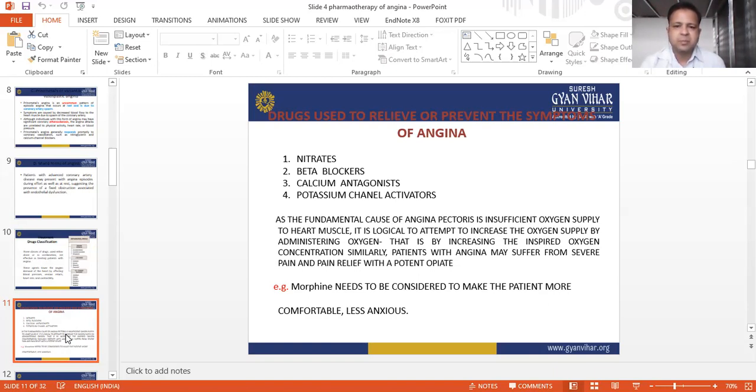Similarly, patients with angina may suffer from severe pain and need pain relief with a potent opiate. Morphine needs to be considered to make the patient more comfortable and less anxious.